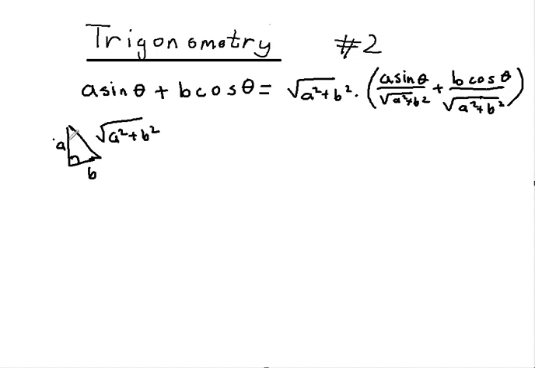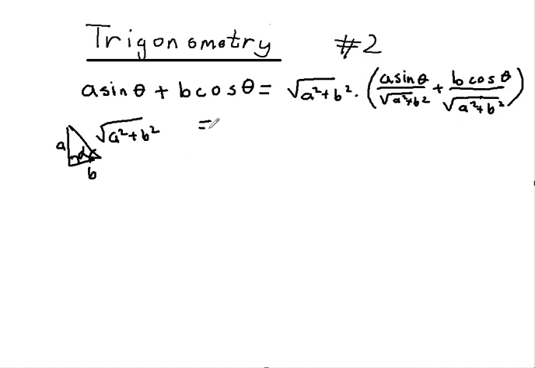And so we can see that a over root a squared plus b squared kind of resembles sine, and b over root a squared plus b squared somewhat resembles cos. And so we can take this angle as a variable here. It doesn't really matter what it is. We can say it's alpha.